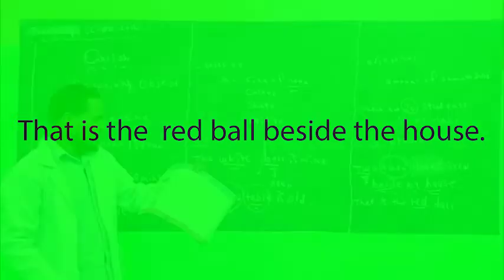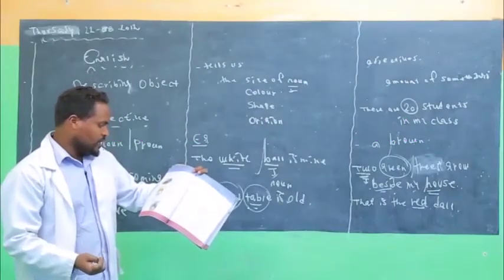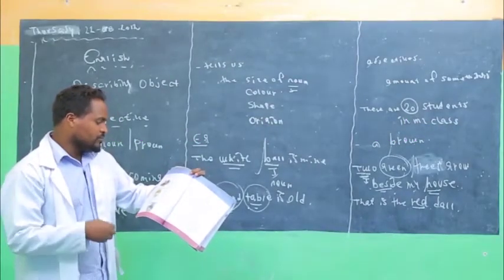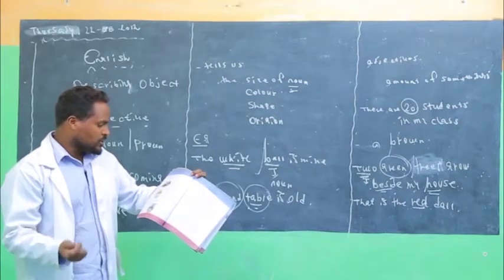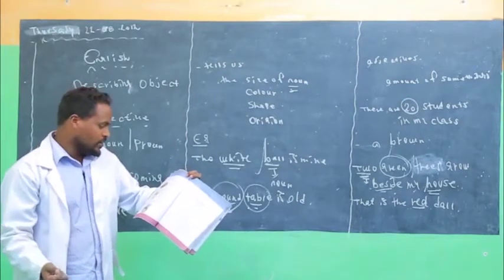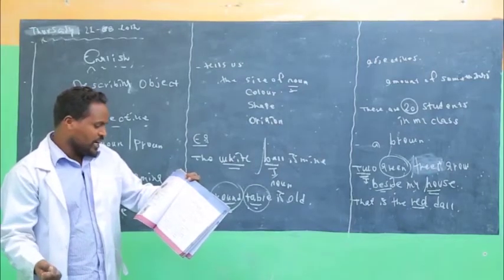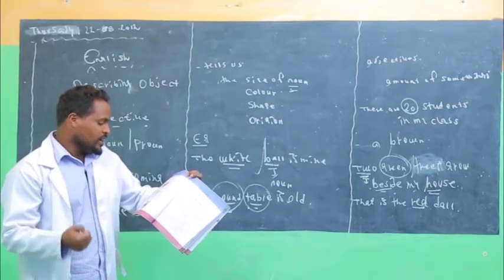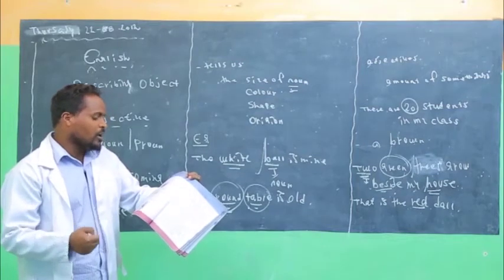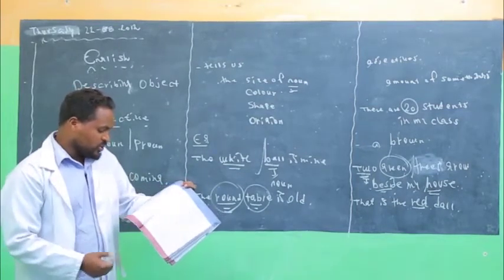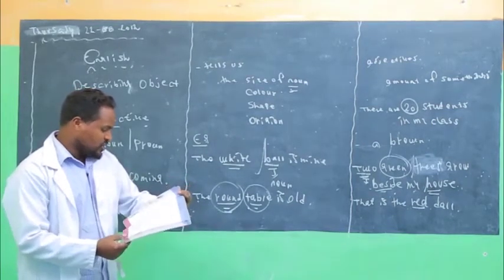There are other examples in your book on page 60. I have a blue ball. Blue is an adjective of color. Ball is a noun. It's large. Large is an adjective of size. It is under the table on the yellow rug. Yellow is also used as an adjective.